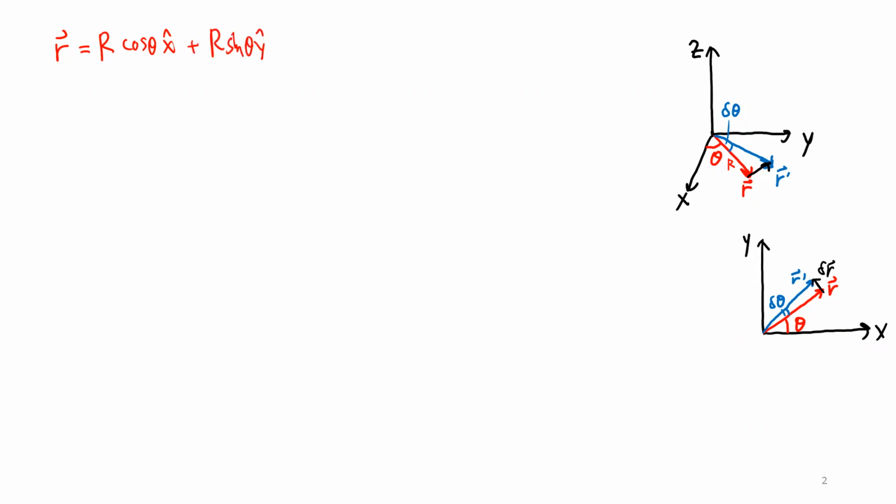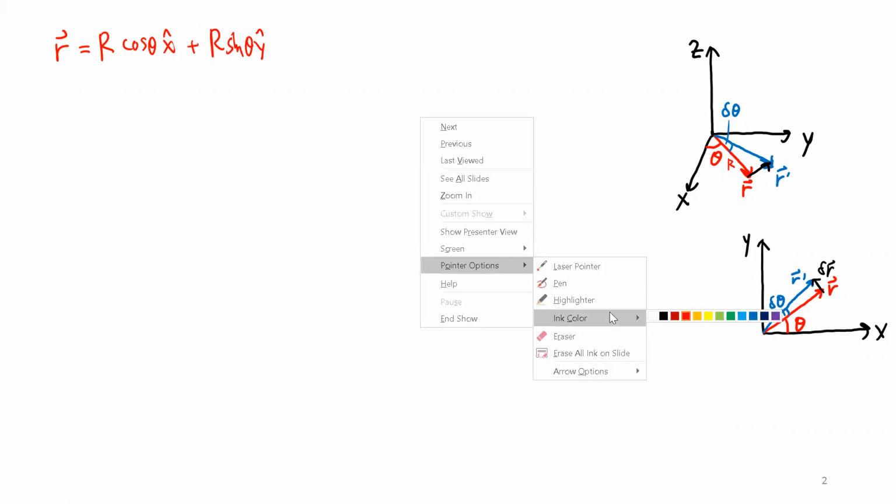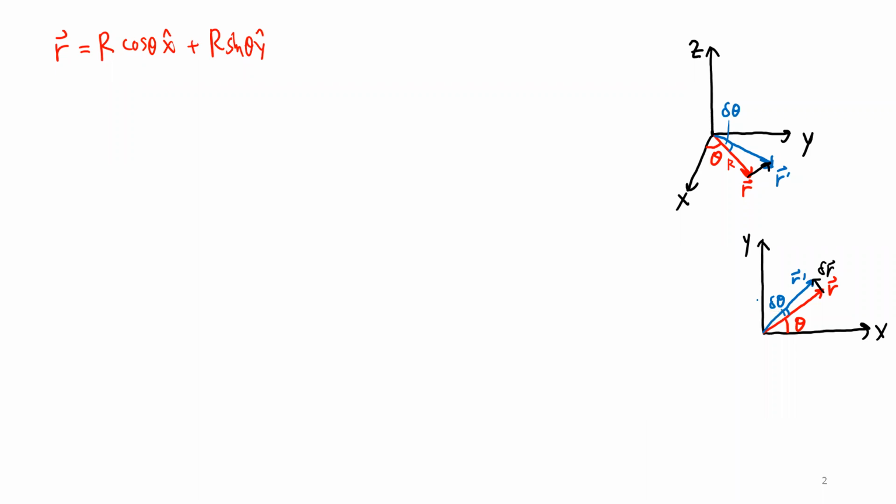Now what about the blue one? After rotation, this R prime is given by R cosine theta plus delta theta x hat plus R sine theta plus delta theta y hat, right?